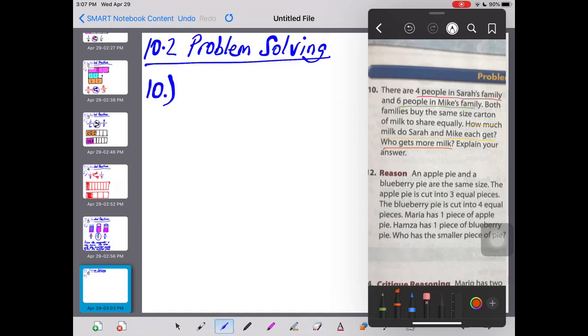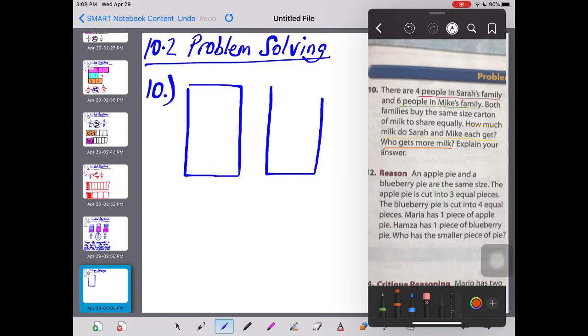Okay, now let's take a look at this. Being that we know that they share the same size carton of milk, we know that Sarah's family has 1 carton of milk, and I'll make that into a rectangle, and Mike's family has the same size carton of milk. That's close enough, right? Okay, so we've got Sarah's family and we have Mike's family.